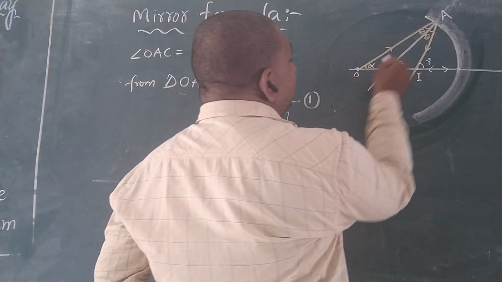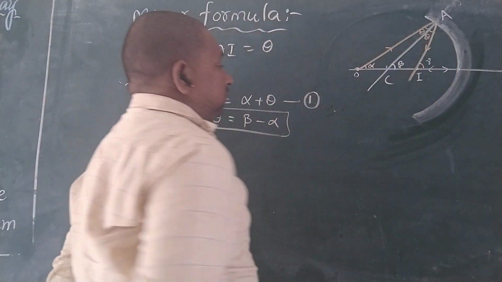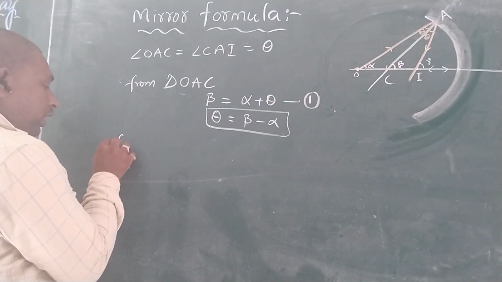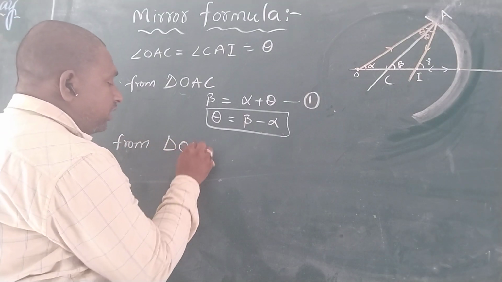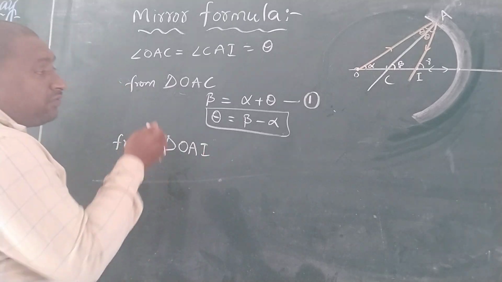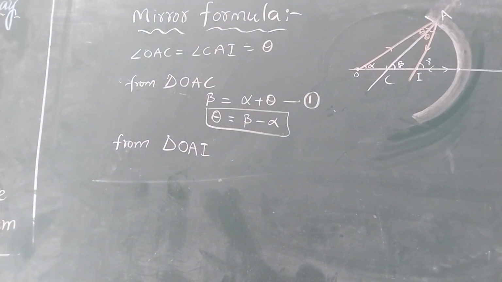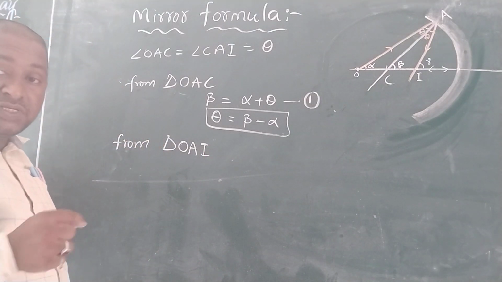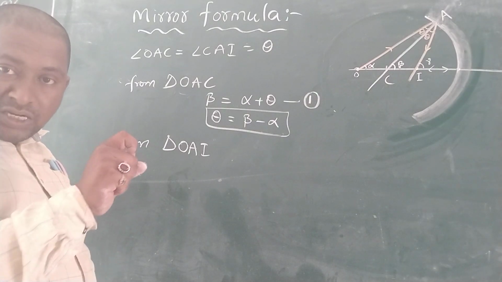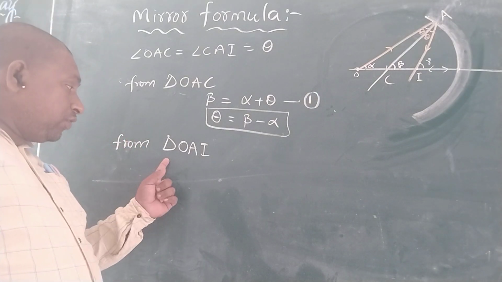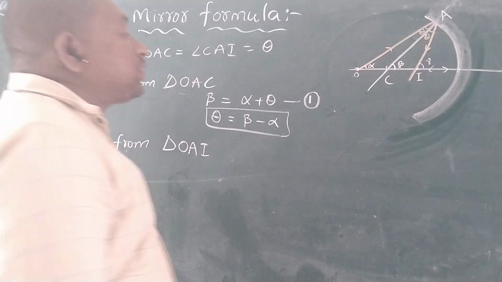From triangle OAI, here the derivation steps are visible to you. All the data that I am going to speak here, you need to note down as theoretical notes. From triangle OAI, please observe OAI.